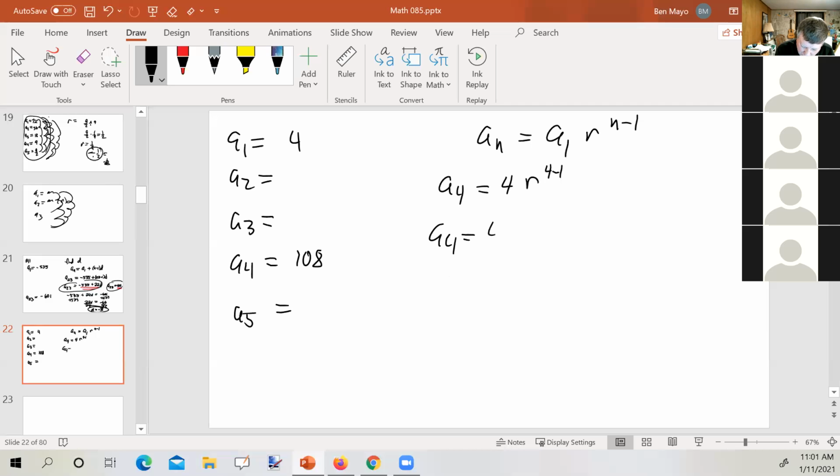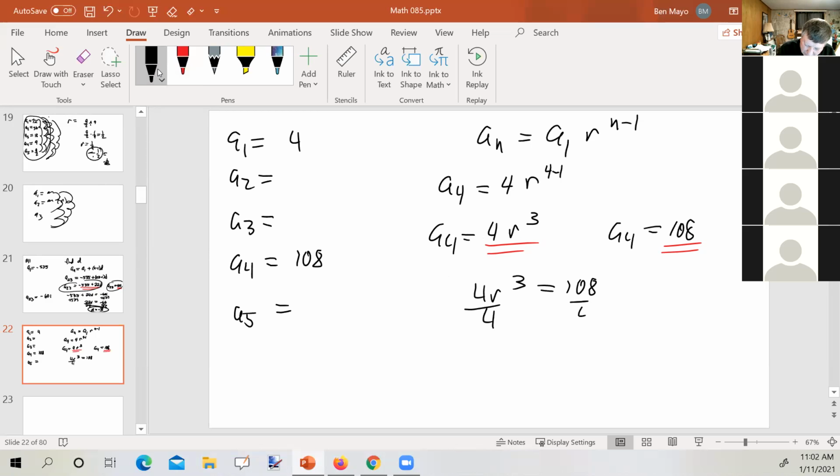So a sub 4 is 4 times r cubed. But I also know that a sub 4 is 108. Therefore, 4r cubed equals 108.